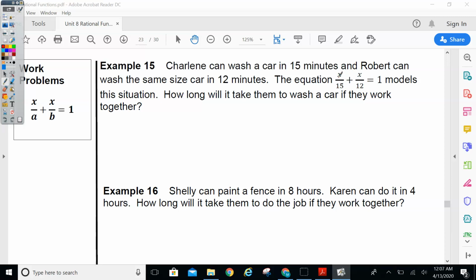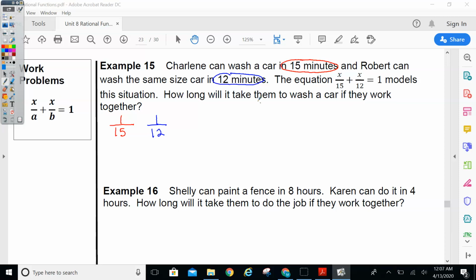Okay, so this first one comes from Charlene's 15 minutes. So if it takes her 15 minutes to wash one car, she can wash one car in 15 minutes. So 1 per 15 minutes. And then it takes Robert 12 minutes to wash the same car, so he can wash one car in 12 minutes.